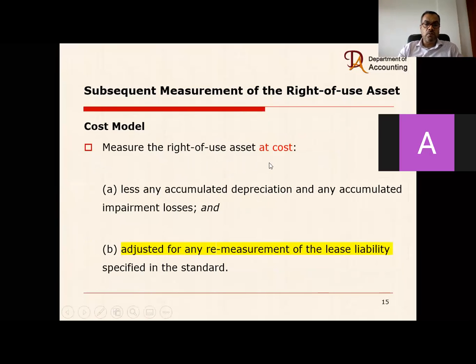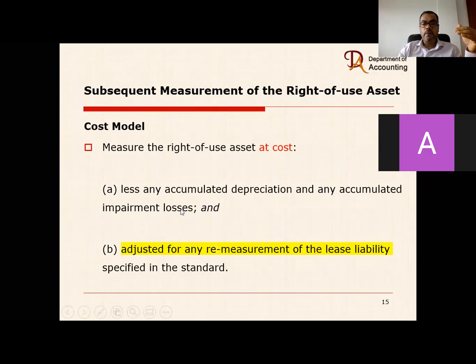If we follow the cost model, the same rule applied in property, plant and equipment should be applied here. We know that. Then how are we going to subsequently measure the right of use asset? At cost initially, then less any accumulated depreciation and any accumulated impairment losses.